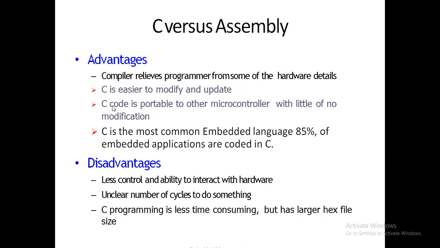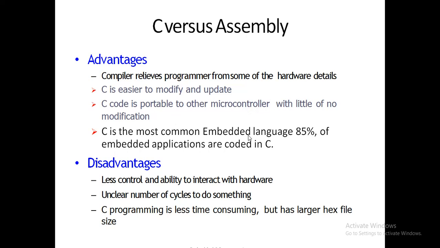Suppose you are writing the program in C, with a little modification you can use the same code for another controller, but in case of assembly it is not possible. Why? From microcontroller to microcontroller, the architecture varies, so you must have thorough knowledge about the instruction set, addressing modes, then only you can write the code in assembly for that microcontroller.